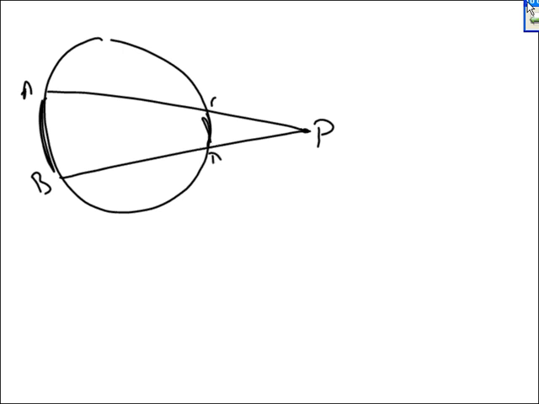This is P. The measure of angle P is half the difference of their two arcs. Angle P has these two arcs.